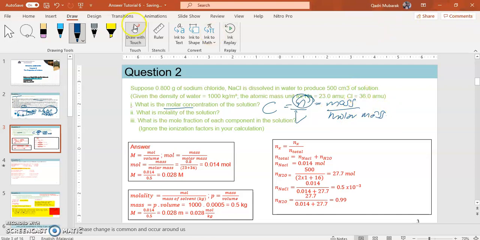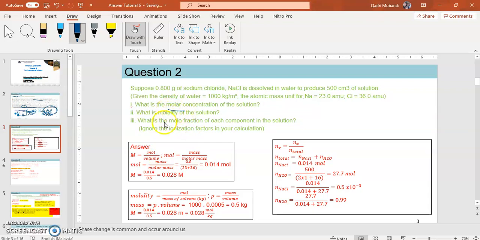So to answer this question, we need to have our formula. First, the molar concentration.